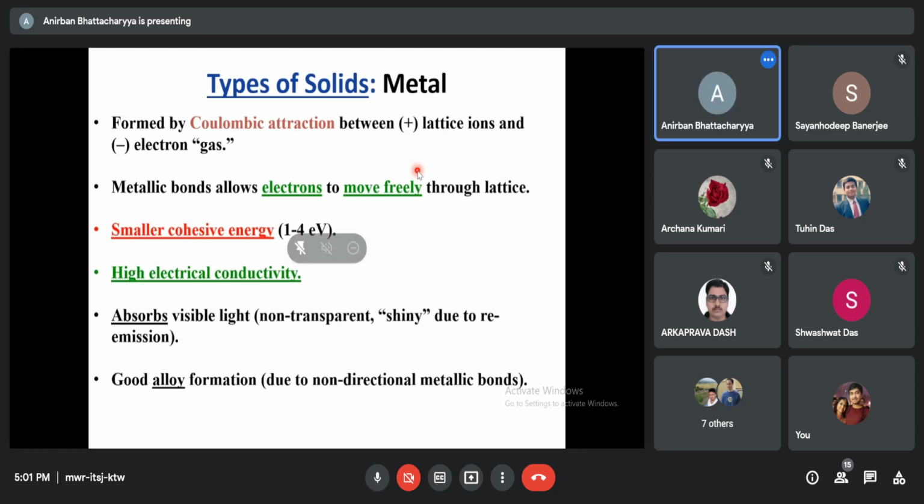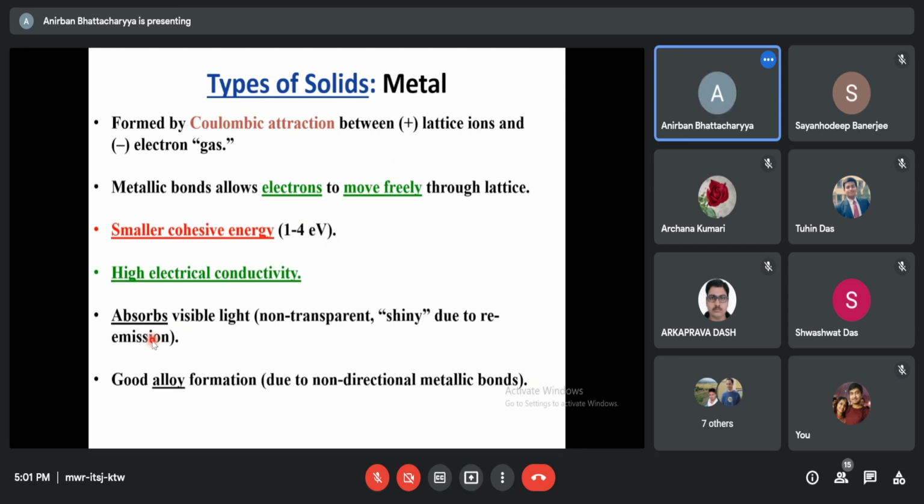Then the third type of solid is a metal, and this is formed by Coulombic attraction between the lattice ions and an electron gas. Metallic bonds allow electrons to move freely. Small cohesive energy, high electrical conductivity, absorbs light. These two things are related: high electrical conductivity and absorbing light. Usually, insulators are transparent, conductors are not.